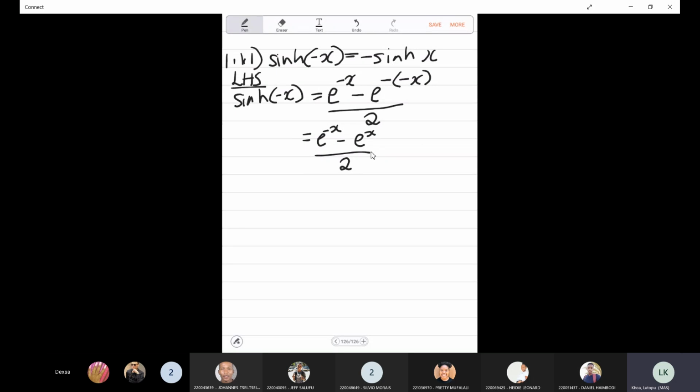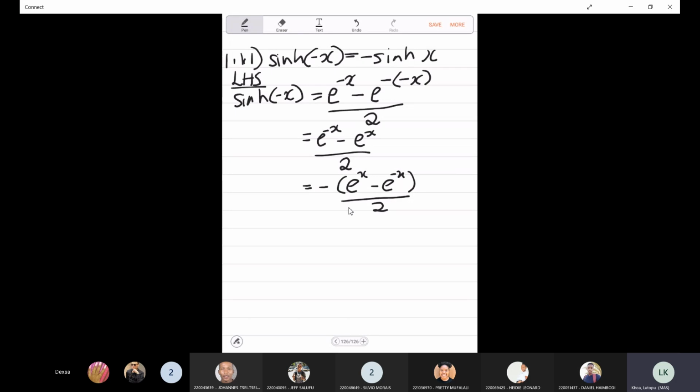We can factor out negative 1 here. So this is negative e to the power of x minus e to the power of minus x, divided by 2.